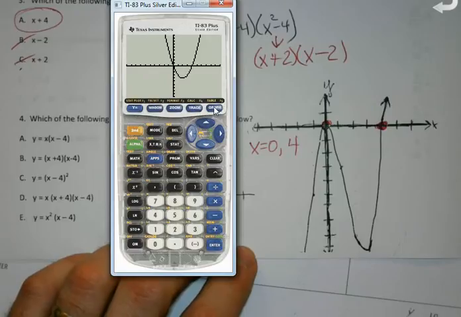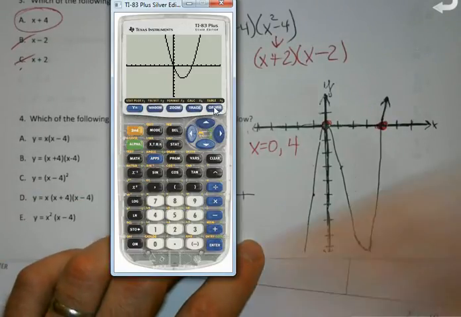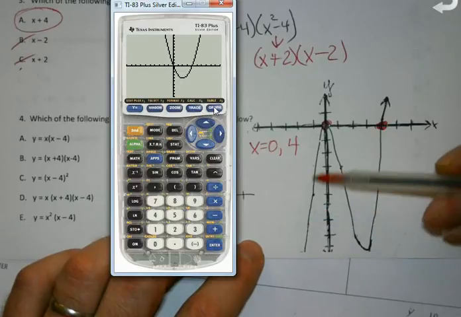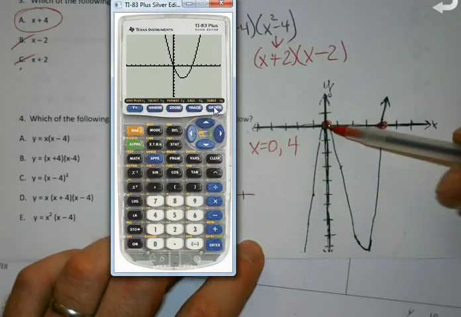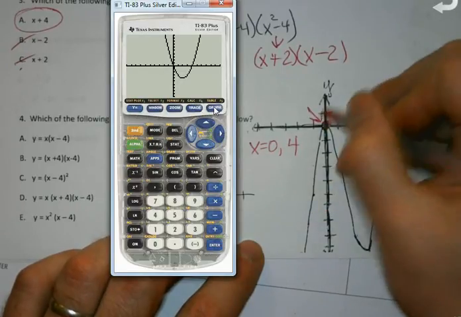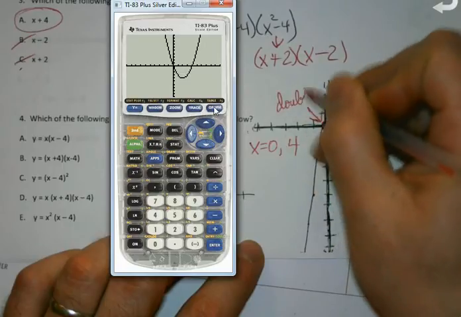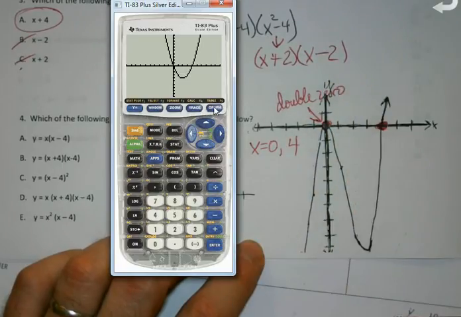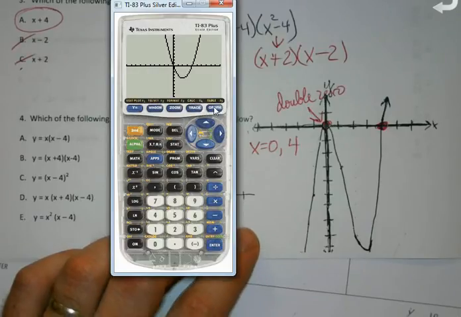Well, what's happened here is, we talked about this, but very briefly before. When you have a curve that comes up, hits the axis, and comes back down, this is often referred to as a double zero. Okay? And what happens with a double zero means you're going to end up with 2 values that are 0. So it'd be like having 0, 0, and 4.